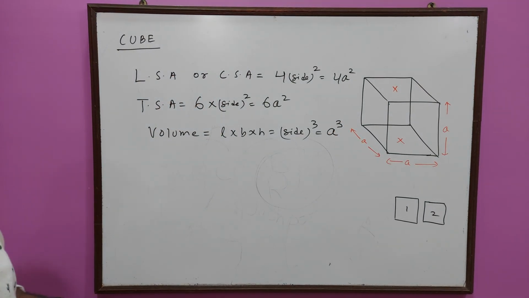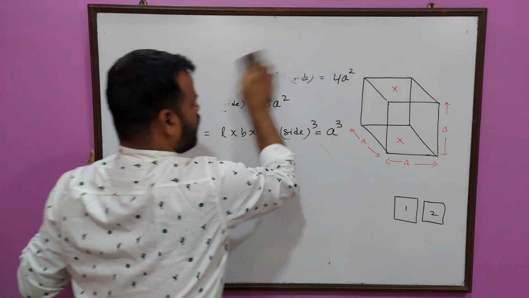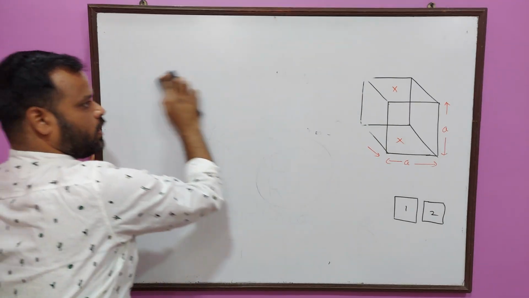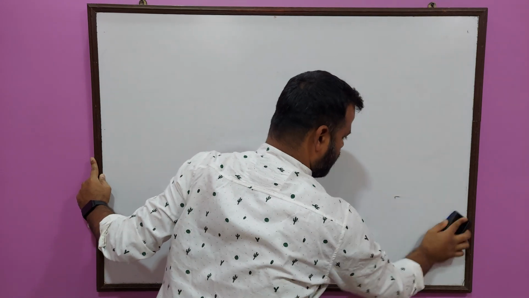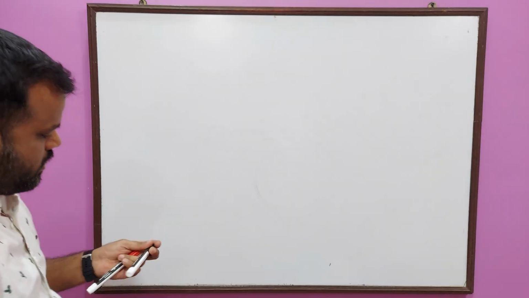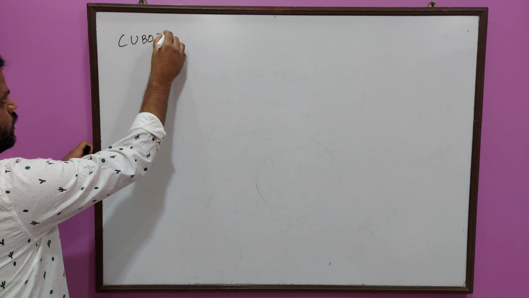Then let us go through the cuboid. So cube was made up of square faces. The cuboid will be made up of rectangular faces. Cuboid will be made up of rectangular faces. So let's go through it.